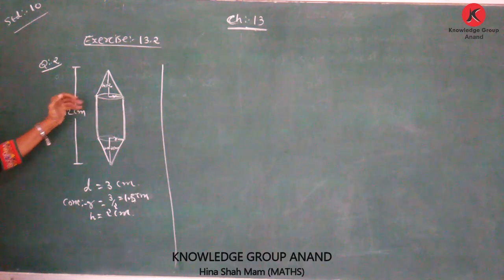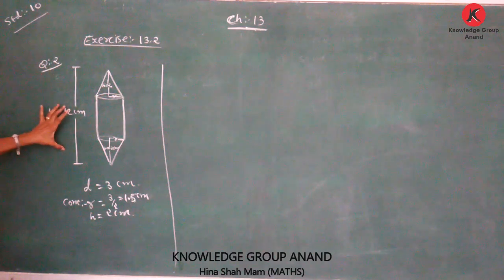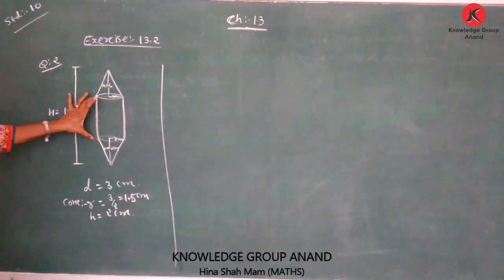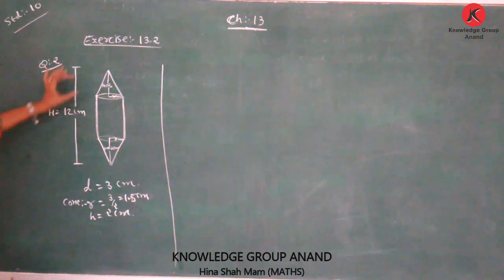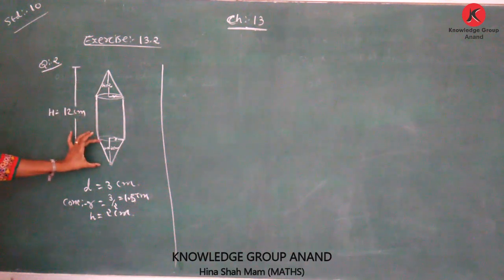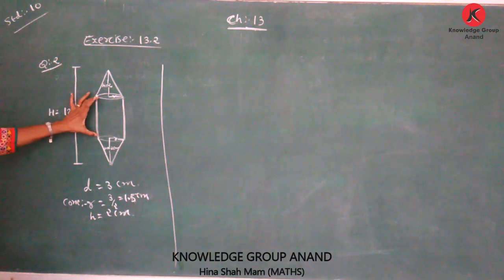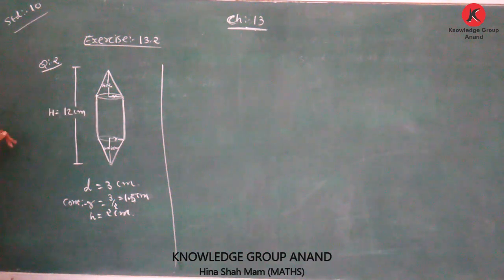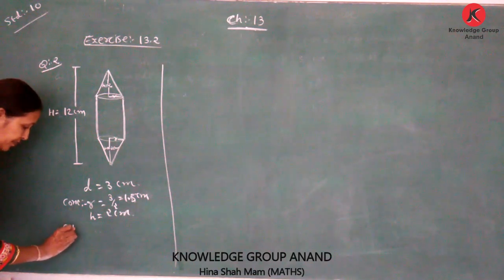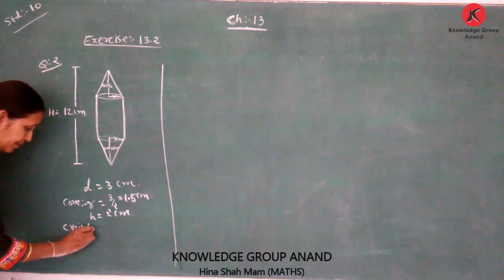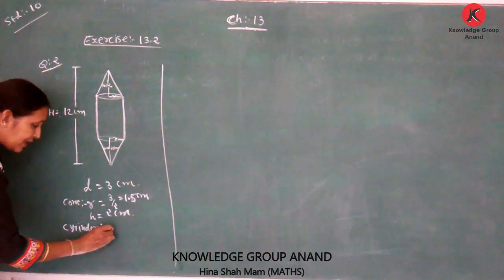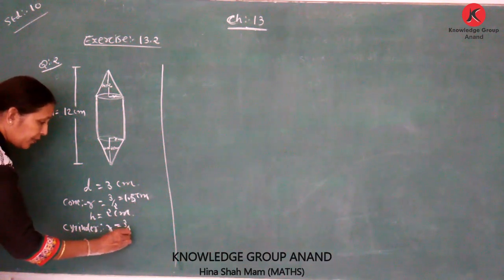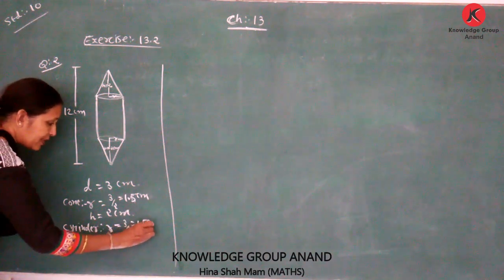In the question, the total height is 12 cm. Then the height of the cylinder is equal to 12 minus 2 minus 2. The cylinder has radius 3 by 2, or 1.5 cm.